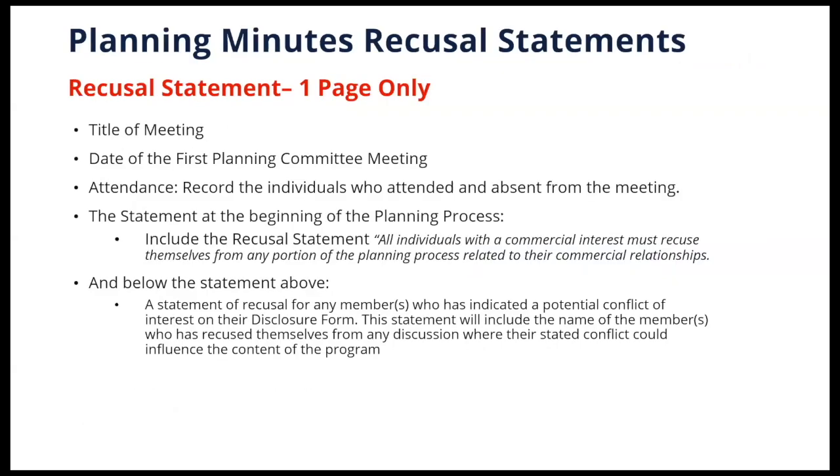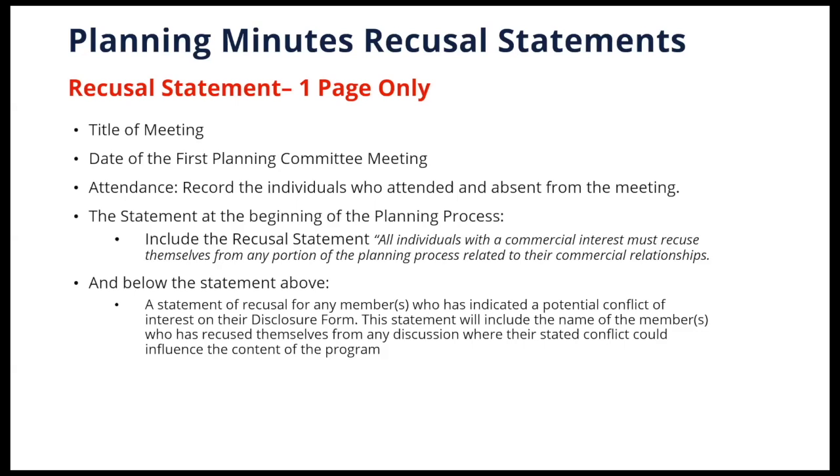Another, not really a change, but an update. In the past, we talked about planning minutes or a narrative. Please note that all we will need is a recusal statement. And this is a one-page document that has the title of your meeting, the date of that first planning meeting to discuss your program, and who was in attendance during the meeting, and of course, who was absent, who would have been a vital part of the meeting.